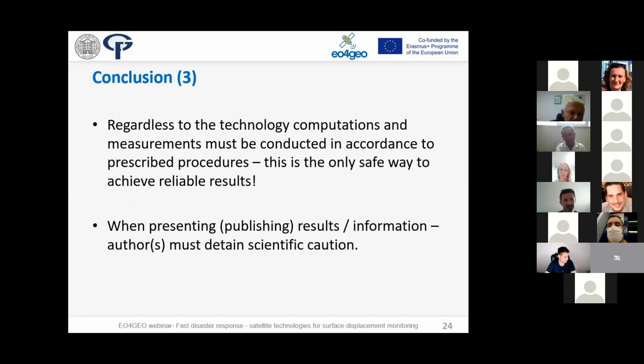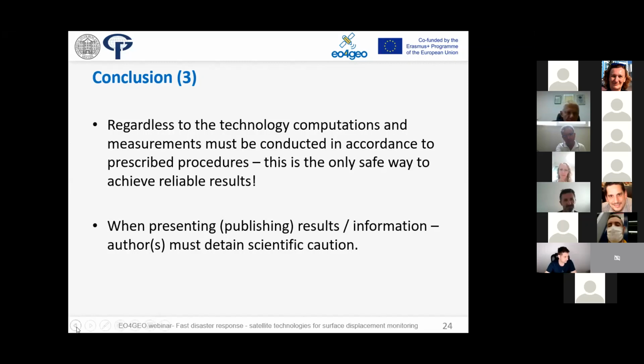You cannot jump over the steps or avoid some controls or influences just to get results immediately.